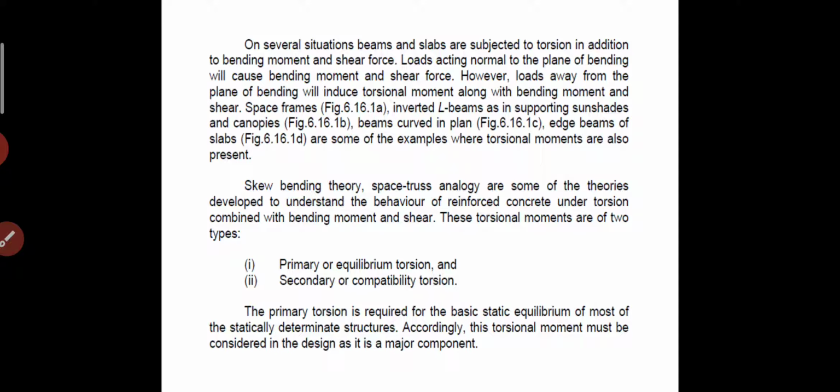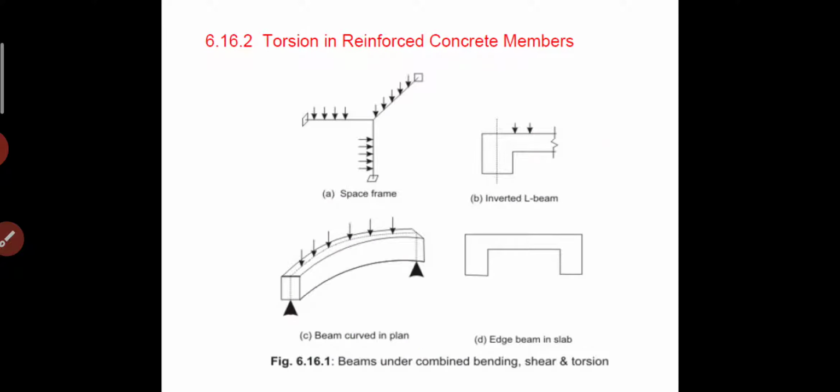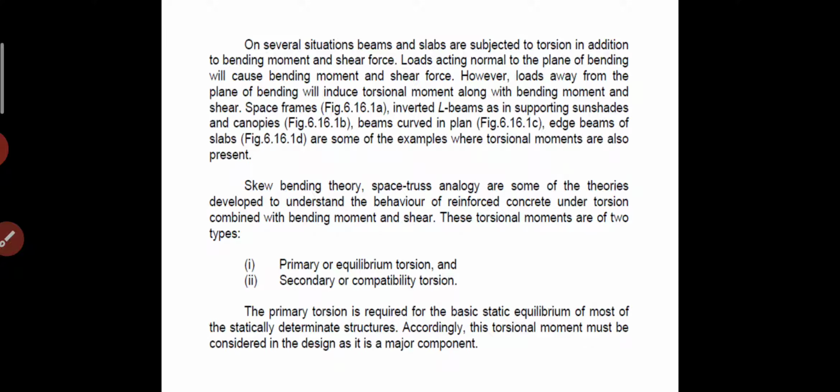Space frames, inverted L beams supporting sunshades and canopies, beams curved in plane, and edge beams of slabs are some of the examples where torsional moments are also present. Here in this diagram, torsional moments are present.